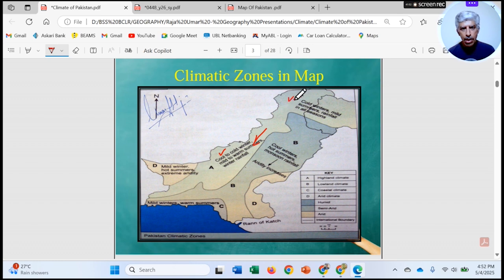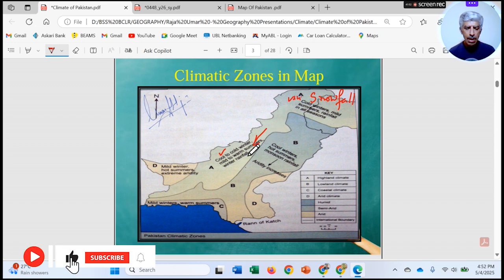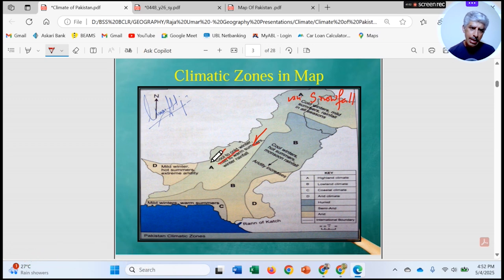Up over here it was really very cold because of the snowfall during winters, making the whole region very cold, and the summers are pleasant. But over here the conditions change a bit, cool to cold. It means that the intensity of coldness has declined.